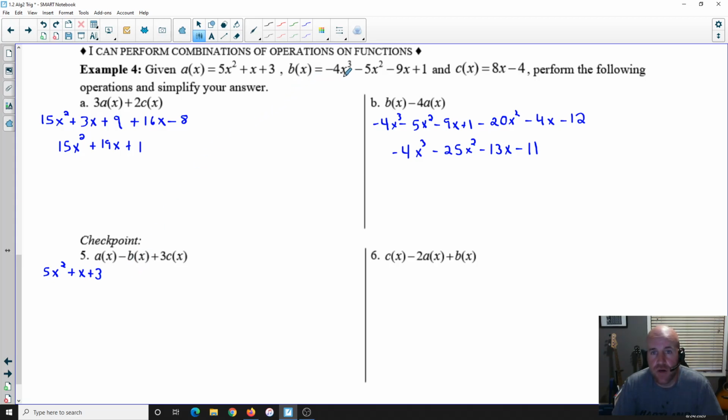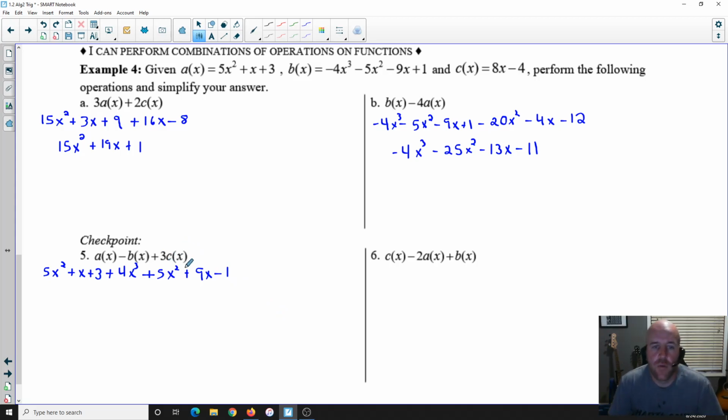So all I want to do is multiply all my terms by -1. So if I do that, that just changes all the signs of b. So b would be a positive 4x cubed plus 5x squared plus 9x minus 1.